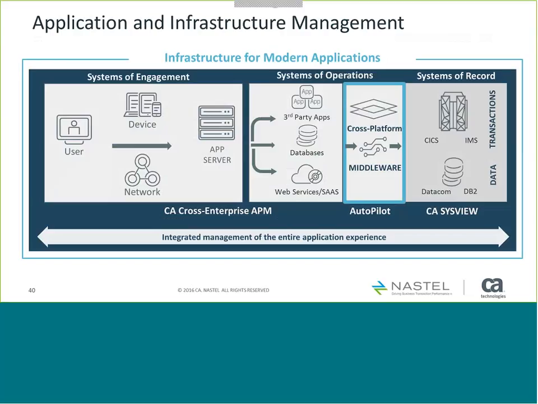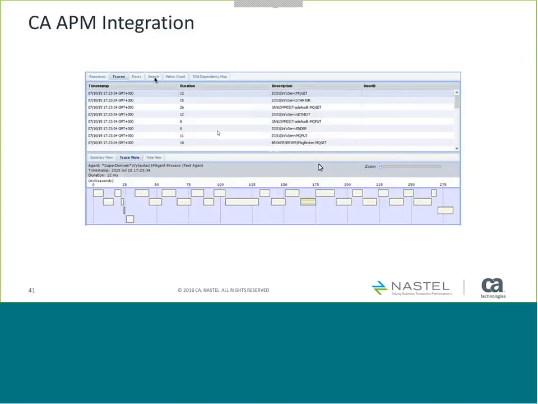But getting back to this overall architecture picture, the middleware is just part of that environment, so having a solution where you can integrate with other solutions and technologies becomes important. So now we want to take that same information and integrate it into an APM environment.